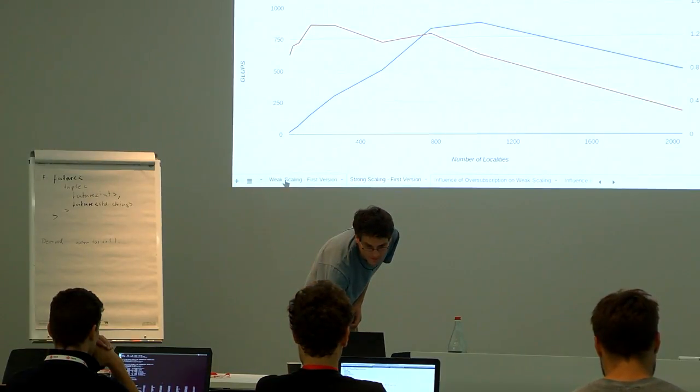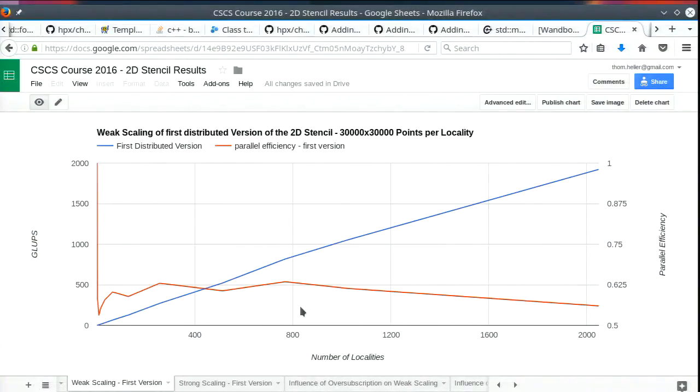However, looking at the weak scaling, the efficiency doesn't look so good. We have around 60%, and the question is, can we do better? In order to answer that question, we really need to look at the code.